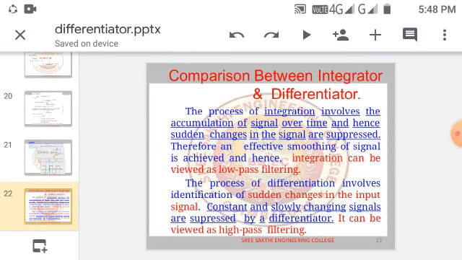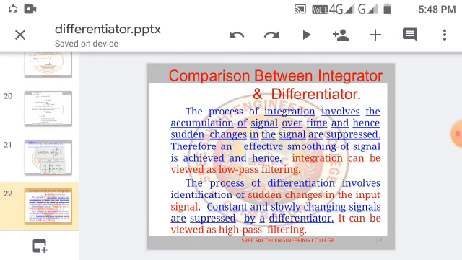So at the end of the session, we came to know the comparison between the integrator and differentiator. In the first session itself, before starting, I told that the integrator corresponds to a low pass filter and the differentiator corresponds to a high pass filter. The process of integration involves the accumulation of the signal over time.